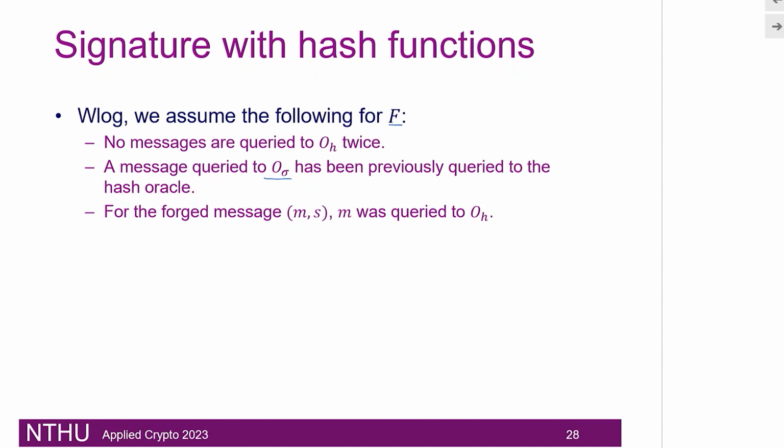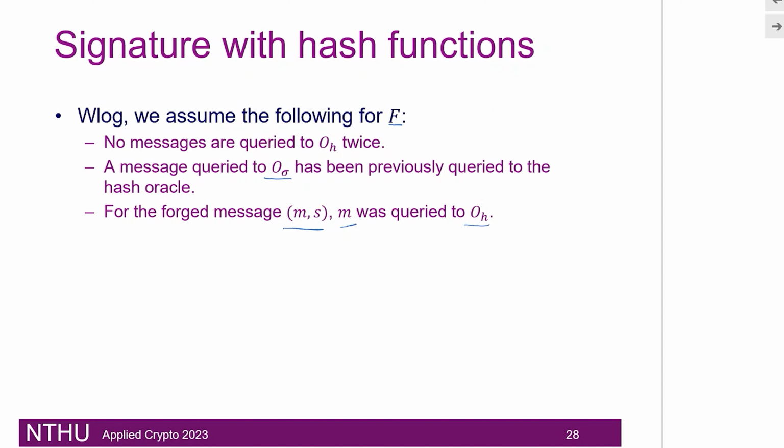Also, the forged message M that the forger is providing should have been queried to the hash oracle in the beginning. He cannot come back and return some forged message that he didn't even query to the hash function in the first place. The point is we are generating the hash of the messages in a random fashion.